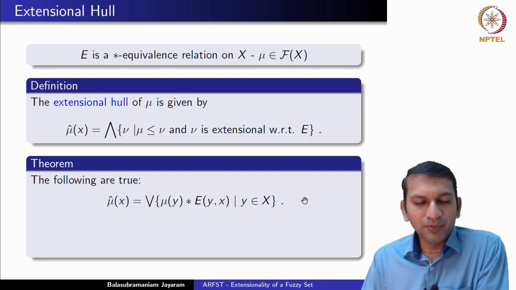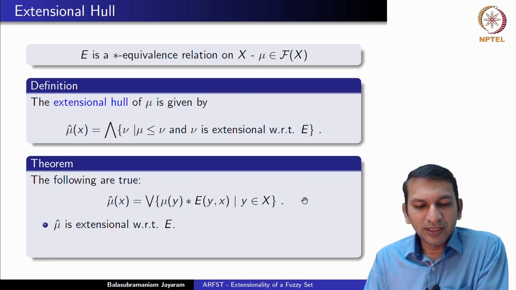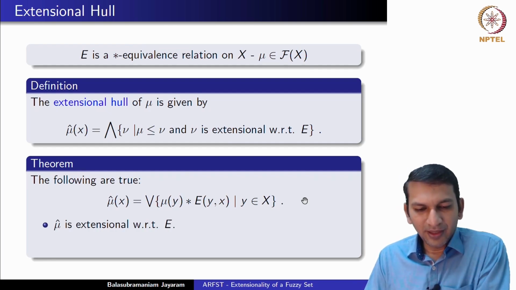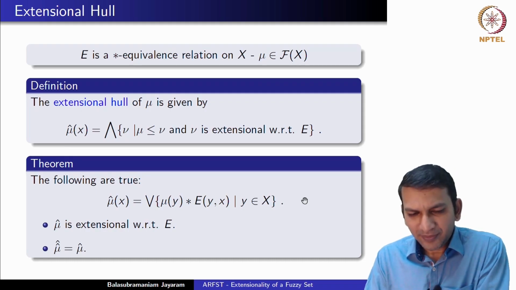So now we have this mu cap. We have shown that this mu cap is extensional with respect to E, and in fact mu double cap is equal to mu cap.